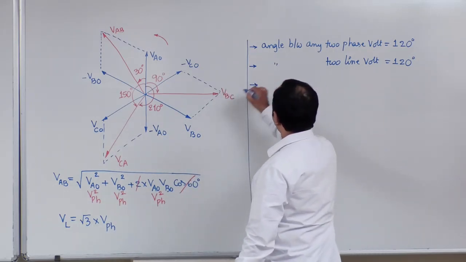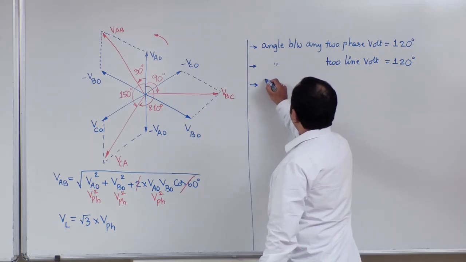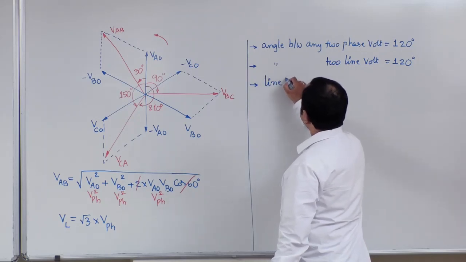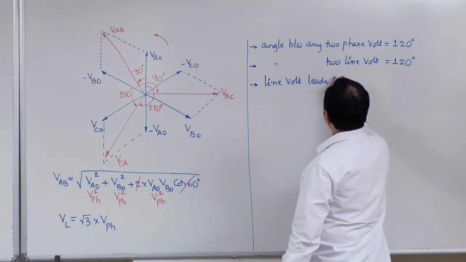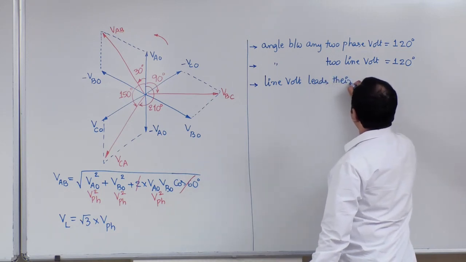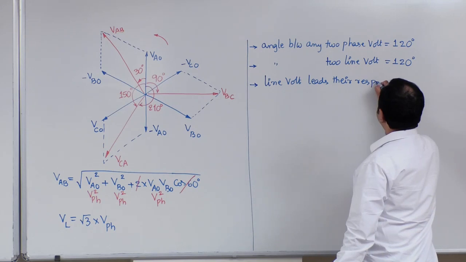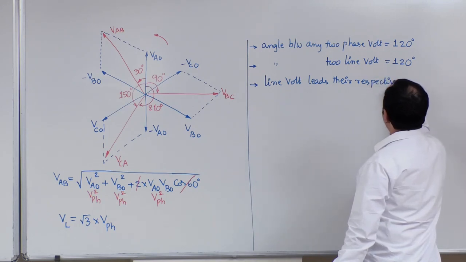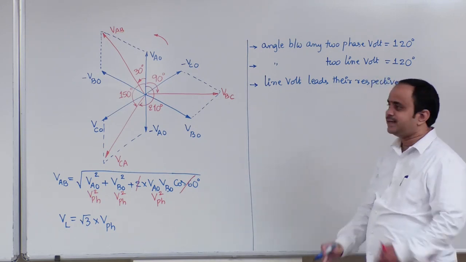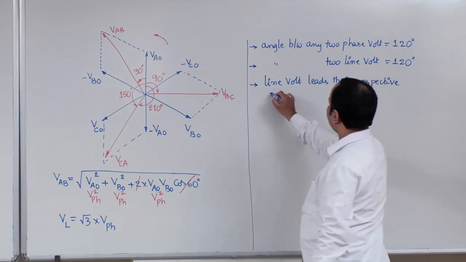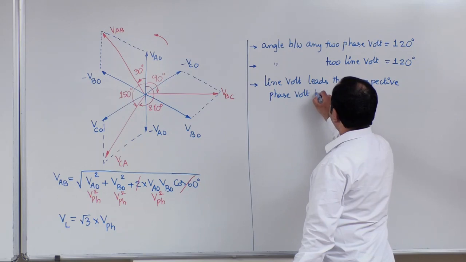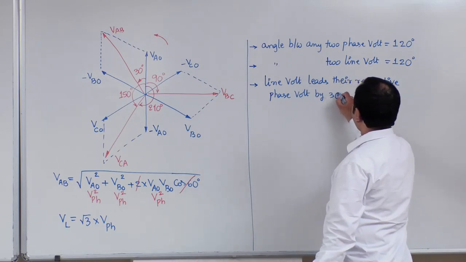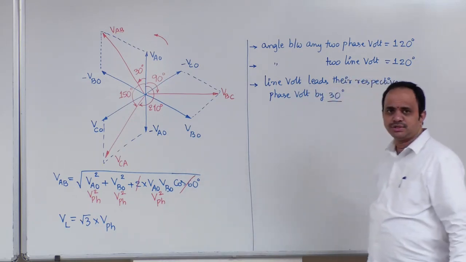Next important point is, follow carefully, line voltages lead their respective phase voltages by 30 degrees. Very important conclusion.